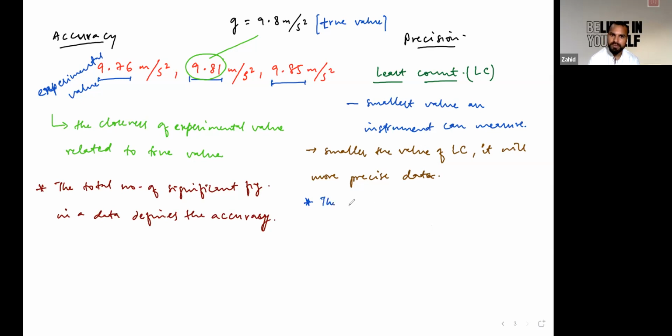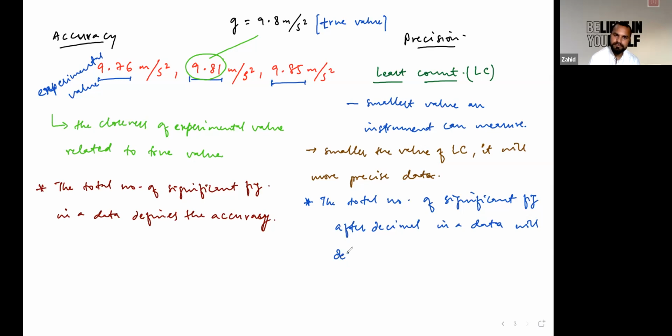So the total number of significant figures after decimal in our data will define the precision.